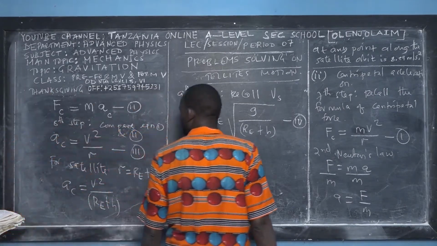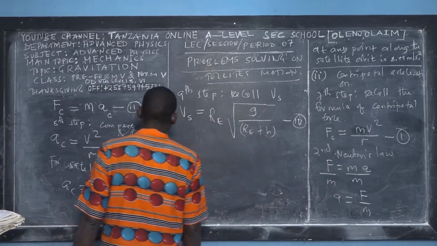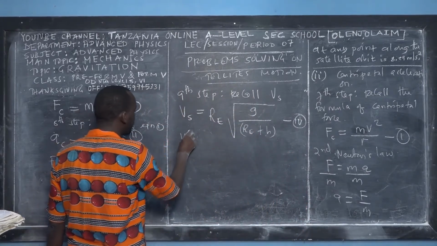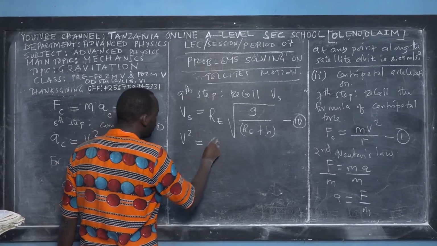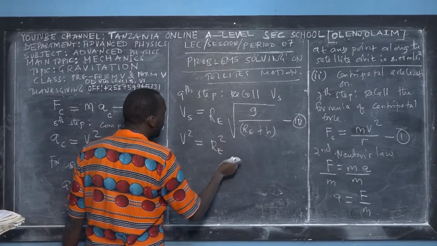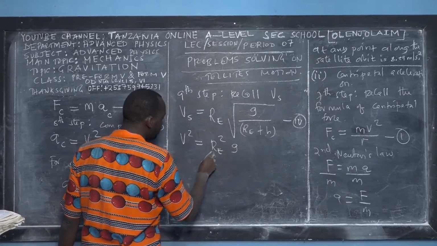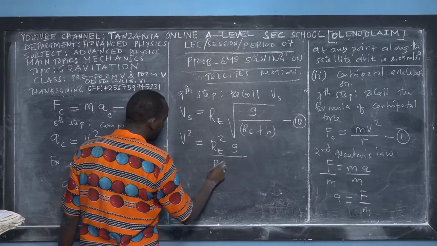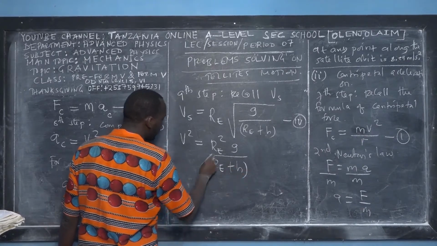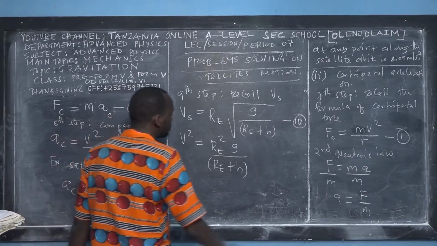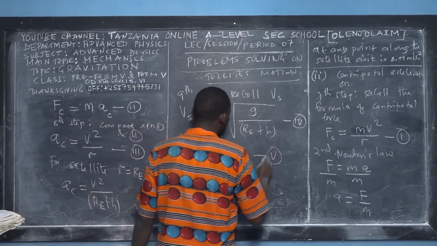So if this is the case now, we say that if you find the square of the velocity from this formula, we'll get v square equals R_E square times g over the radius of the Earth plus the height h. So this will be equation 5.